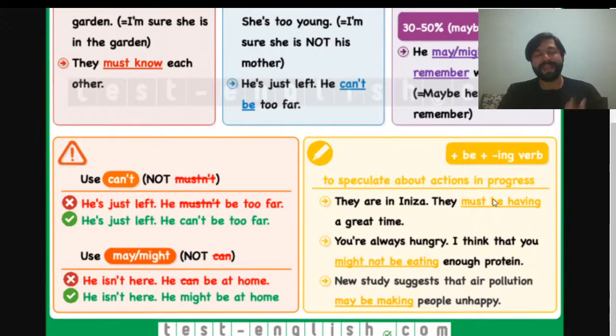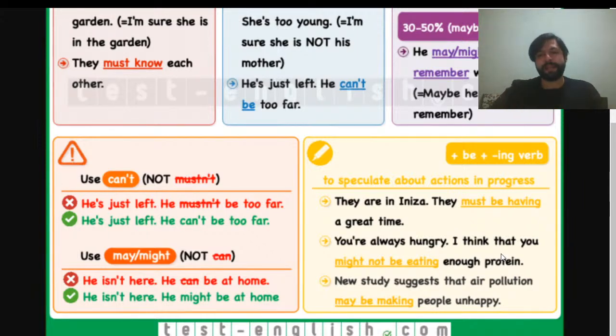Notice that we use the exact same logic in Portuguese, in Brazil. Eles devem estar se divertindo. Or, you're always hungry. I think that you might not be eating enough protein. Você está sempre com fome? Eu acho que você não deve estar comendo. Estar, to be, comendo, eating.